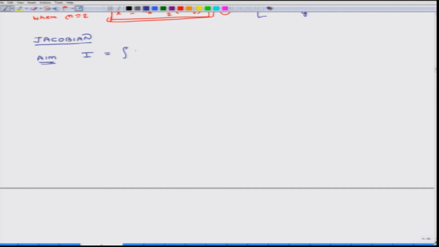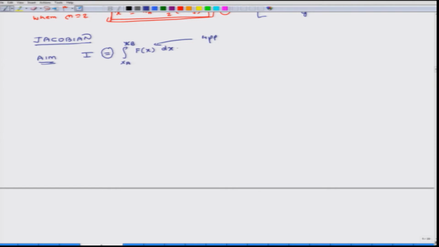I is equal to the integral of f of x dx from xa to xb, right. And because we are going to do an approximate integral, strictly speaking, this equal sign should be replaced by an approximation sign, because I am going to approximate.